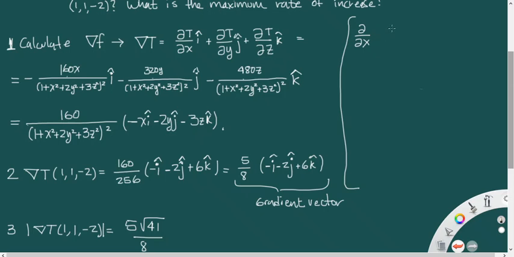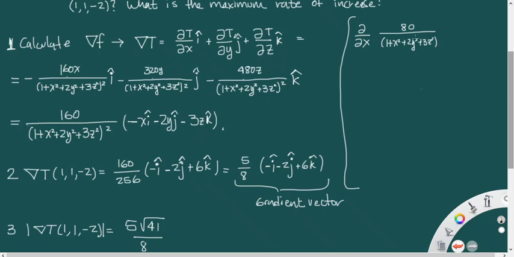of this function, which is 80 divided by, in this case, 1 plus x squared plus 2y squared plus 3z squared. Okay, and we want to know the partial derivative of this, which is this very first one, the one that we are going to work.